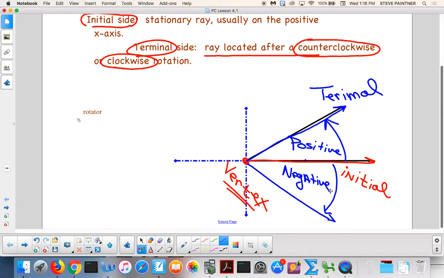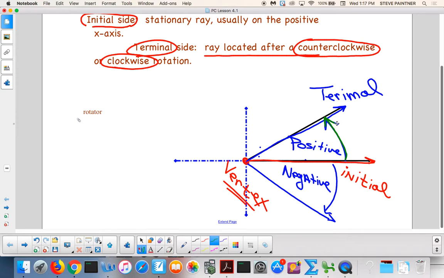The way I like to think of it, instead of saying clockwise or counterclockwise, I just say, if I start here on my x-axis and I go up, that's what? That's positive. If I go down, that's negative. I mean, that's probably easier than thinking counterclockwise versus clockwise. Any questions? No? Okay. So if I were to label this, let's make this up.